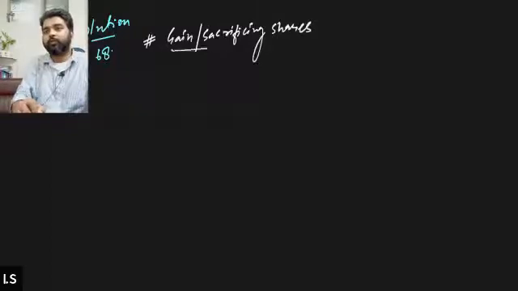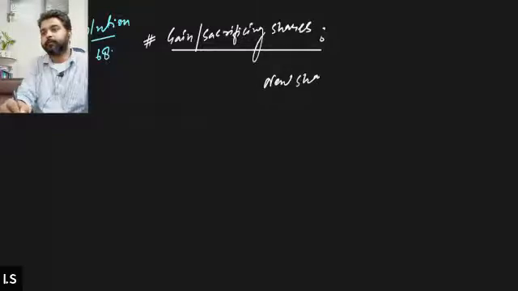So for finding out the gaining or sacrificing share of the partner, we will simply subtract the old share of the partner from the new share. New share of partner minus the old share of the partner.